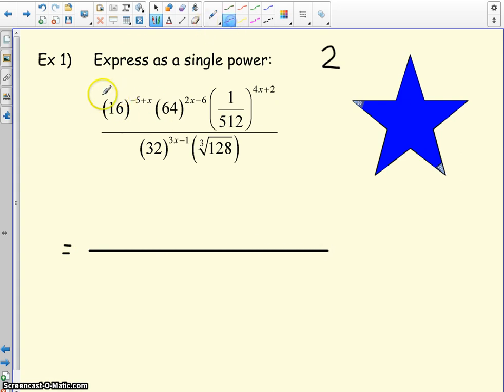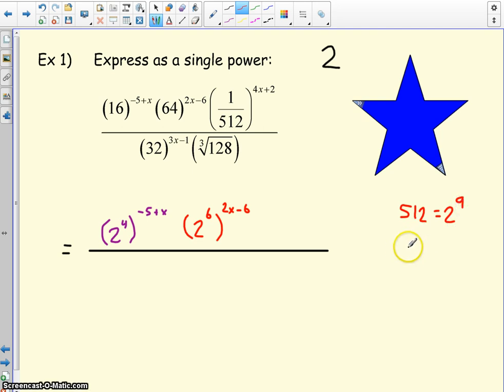So I'm going to rewrite 16. 16 is 2 to the exponent 4. 64 is 2 to the exponent 6. Now 512, I know it's 1 over 512, I'll deal with the 1 over part in a sec. 512 is equal to 2 to the exponent 9.